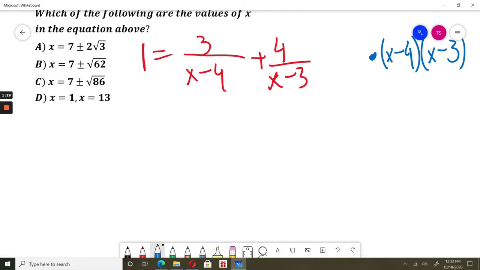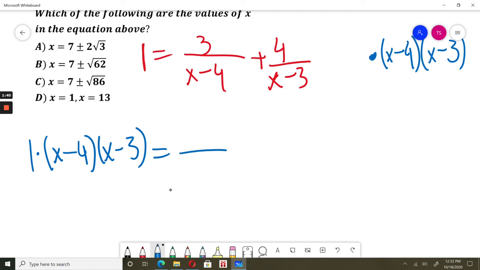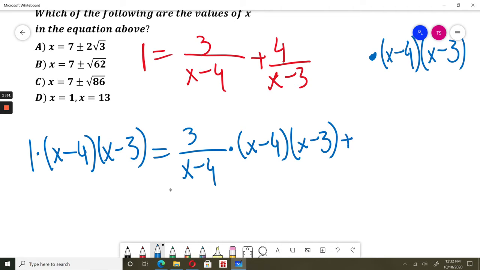So then what I will have on the left side: 1 times x minus 4 times x minus 3 equals 3 divided by x minus 4 times x minus 4 times x minus 3, and plus 4 over x minus 3 times the same thing, x minus 4 times x minus 3.